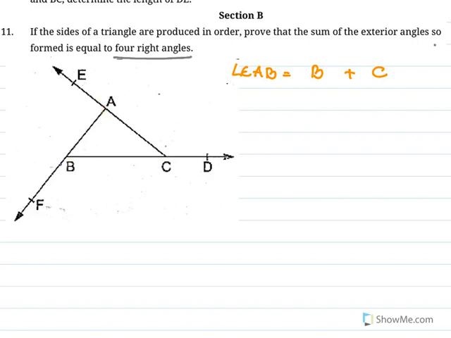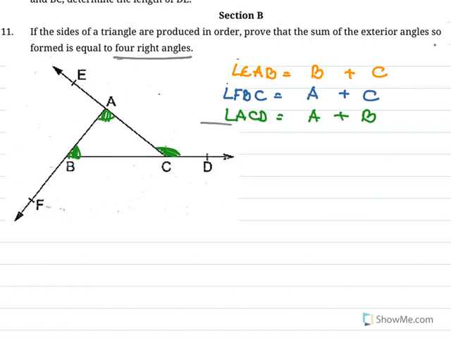Then we take this exterior angle, that is angle FBC, which is equal to A plus C. Then the third exterior angle, angle ACD, will be equal to angle A plus angle B by the exterior angle property.